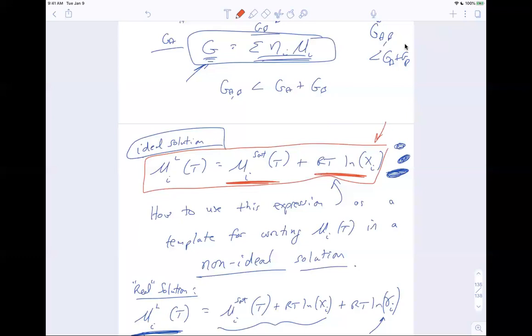The other way to think about this log is just by bringing over the mu I superscript saturation to the left, and you'll see that then that just becomes a difference in the chemical potentials. If I bring this over to the other side of the equal sign, we get a difference in chemical potentials, and that difference is given by RT log x sub I. And we can say that it's x sub I over x sub I in some reference state or the initial state.